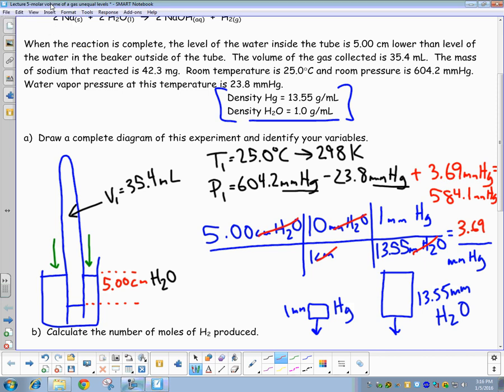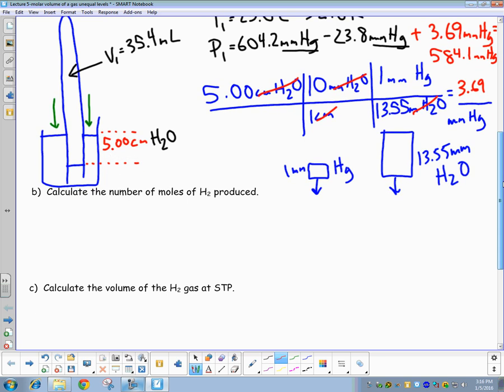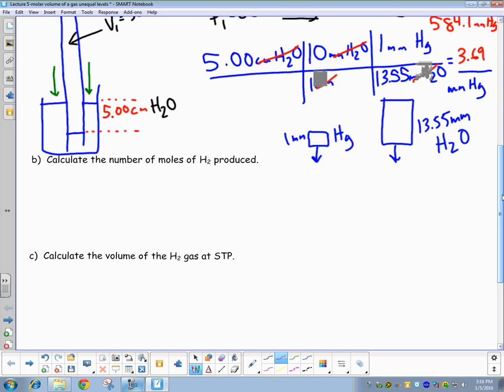As we go through the rest of the problem, what you'll see is the rest of this is pretty much review. Regardless of whether the water levels are equal or unequal, the rest of the problem here is pretty much the same as the problems that you have already done.